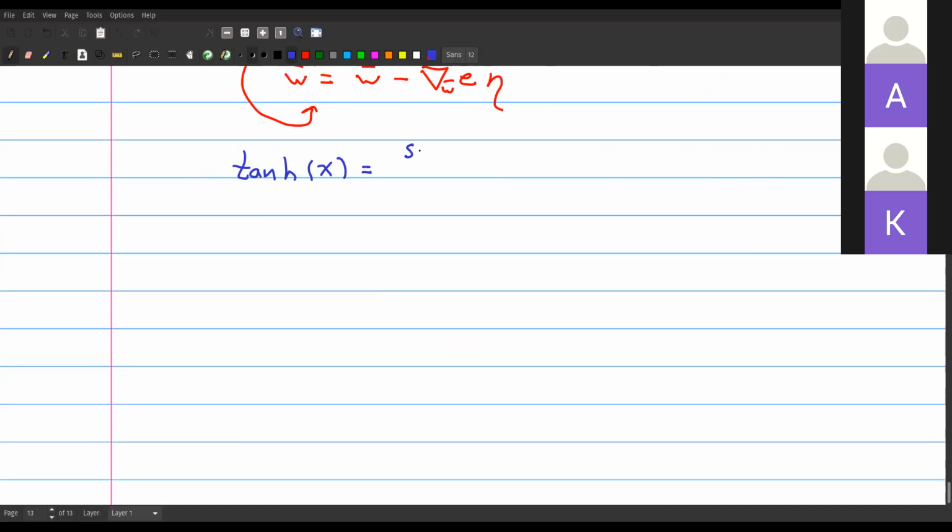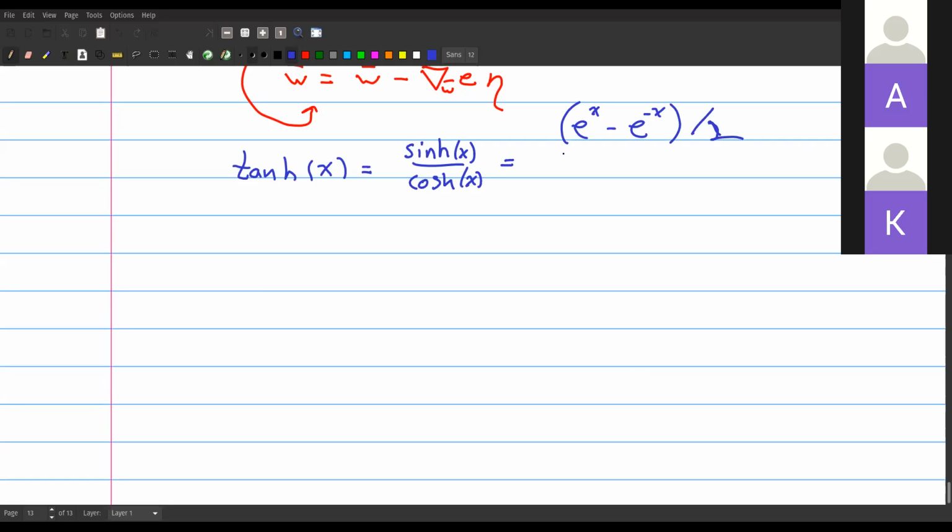You might have learned in calculus that tanh(x) is the same thing as hyperbolic sine over hyperbolic cosine. Hyperbolic sine is e to the x minus e to the minus x over 2.